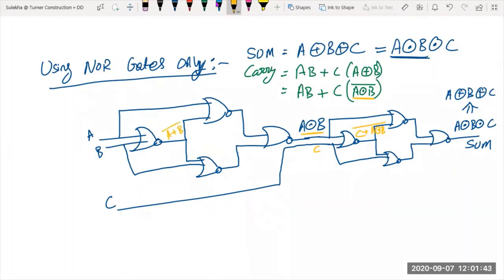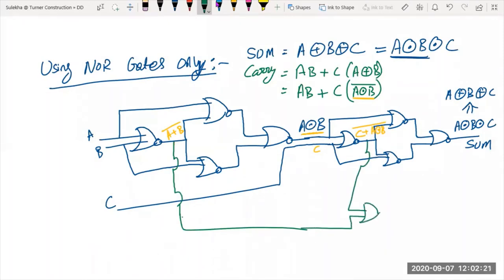If I want to realize my carry circuit with the help of the previous summation circuit, I am allowed to add some NOR gates in this one. So I will take one wire from here, one wire from here, another wire from here, and I will connect one NOR gate.